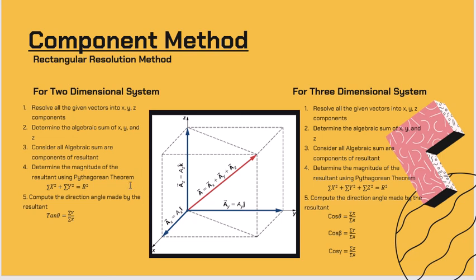So, for you to get the different components of the dimensional system, determine the magnitude of the resultant using Pythagorean theorem, or yung tinatawag nating summation of x, summation of y equals the resultant. No? And compute for the direction of angle made by the resultant, or yung tinatawag nating tangent. Tapos dito, compute the angle by the resultant. O, kasi tatlo naman kasi yung kinukuhang measure dito.